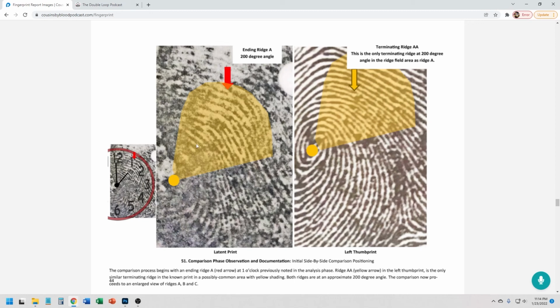Yeah, and 100% there. Even though this may be an erroneous conclusion, or let me say it another way, I don't agree with this examiner's ultimate conclusion, it's the documentation that is so insightful, and the documentation is fantastic here. It is exactly what you want to understand how an examiner reached their conclusion, whether or not you agree with that conclusion.